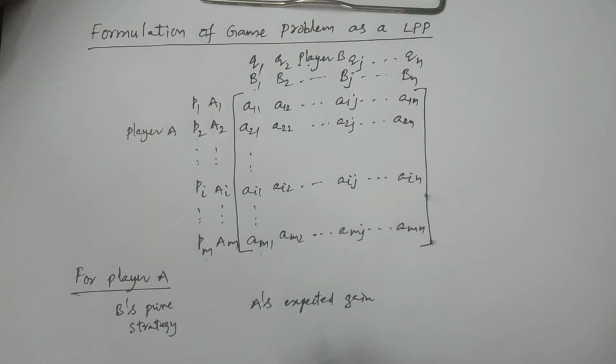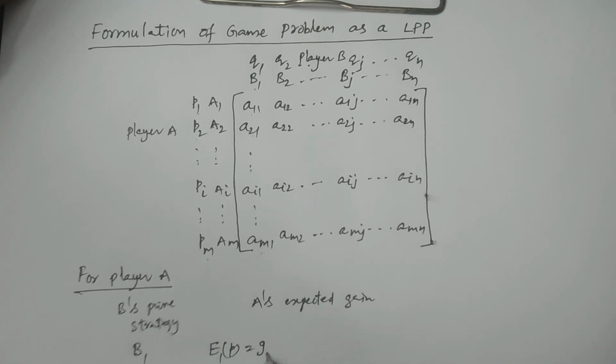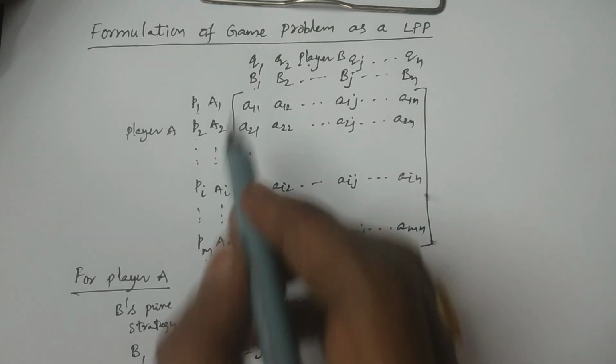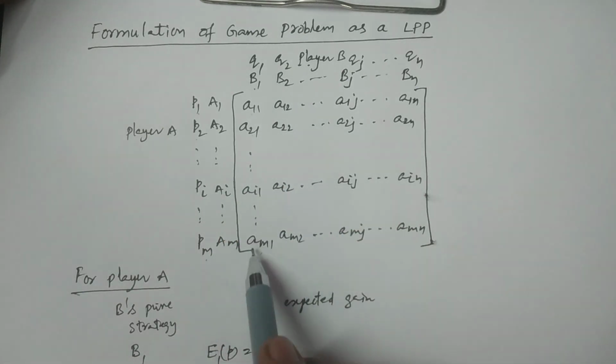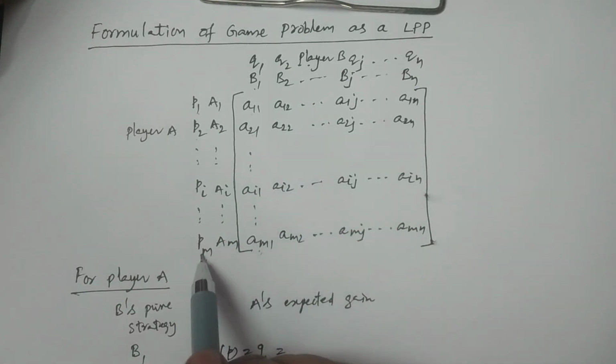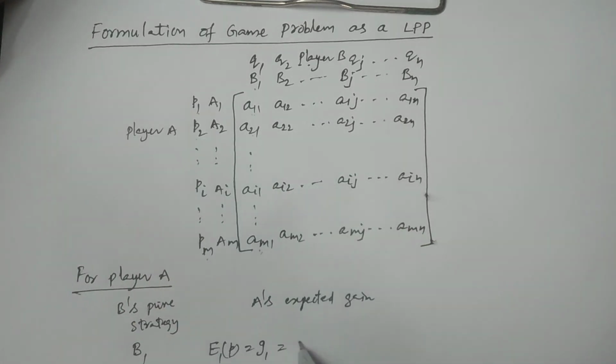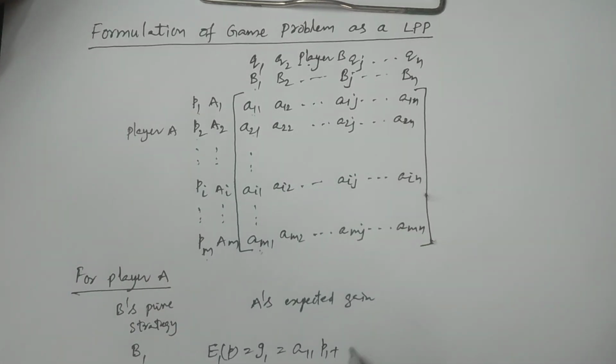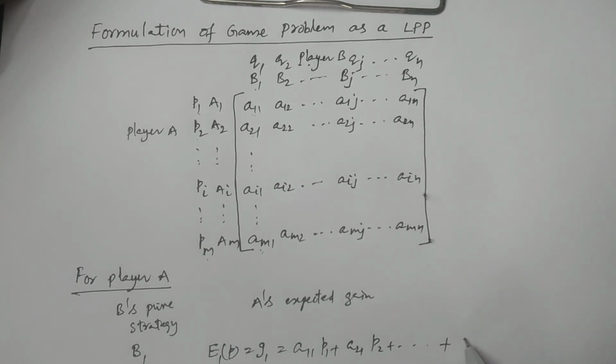If player B selects the strategy B1, then A's expected gain, for example E1(P), or G1, is obtained by multiplying the column of B1 with the probabilities P1, P2, Pm. That is A11 P1 plus A21 P2 plus and so on, and the last one, Am1 Pm.